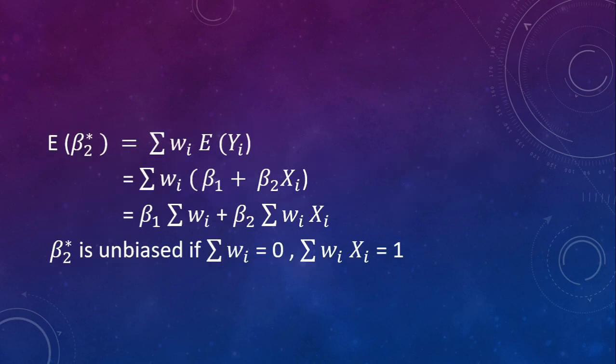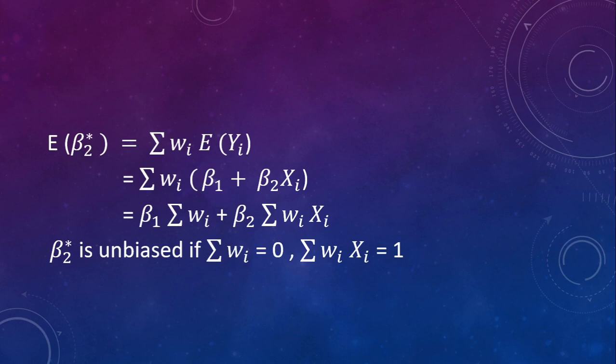So expected value of beta 2 star is equal to sigma wi into expected value of yi, and expected value of yi is equal to beta 1 plus beta 2 xi, and that is equal to beta 1 into sigma wi plus beta 2 into sigma wi xi.